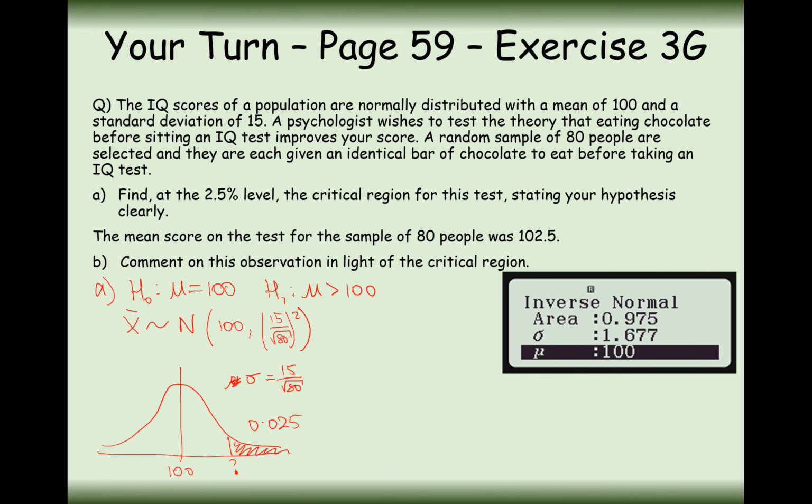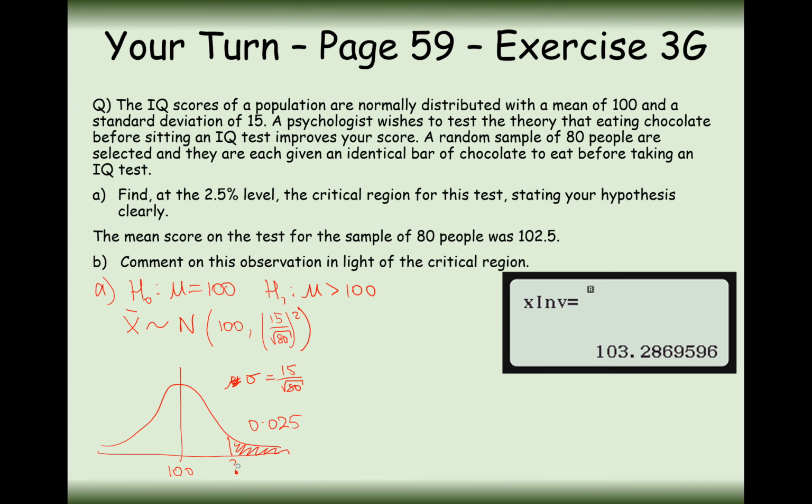So let's go to the inverse normal mode in our calculator. Now remember that it's the area on the left that you need to type into the area bit, so it's going to be 0.975. The standard deviation I just typed in as 15 divided by square root of 80. Type that straight in and it will calculate 1.677. Try it and see if it works on yours as well. And the mean here is 100.